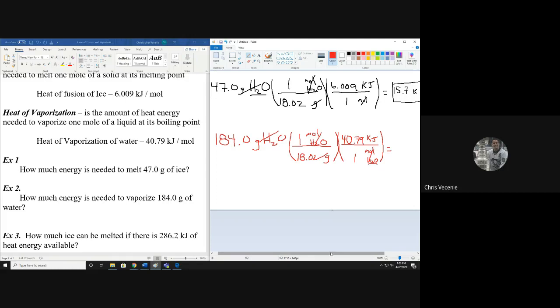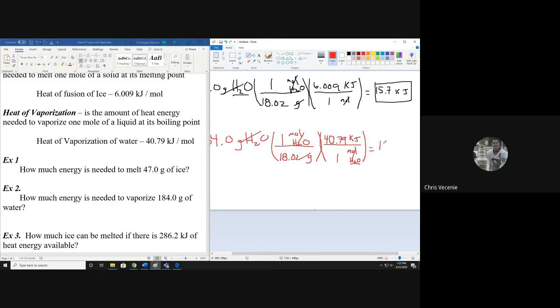You do your math on this one. You're going to get 106. Actually, let me run the math on that because we get 4 sig figs. So 184.0 divided by 18.02 times the 40.79.